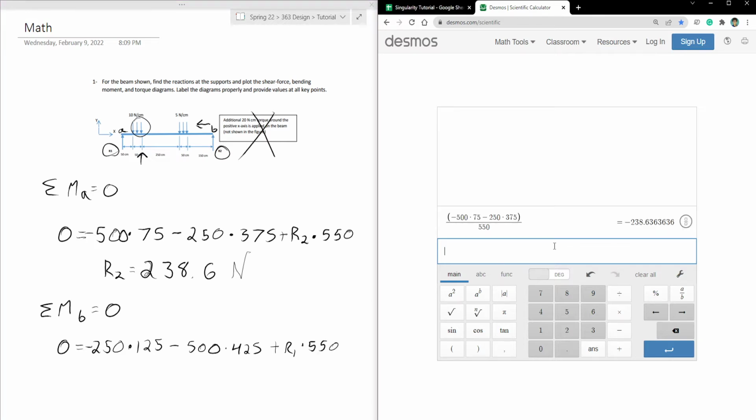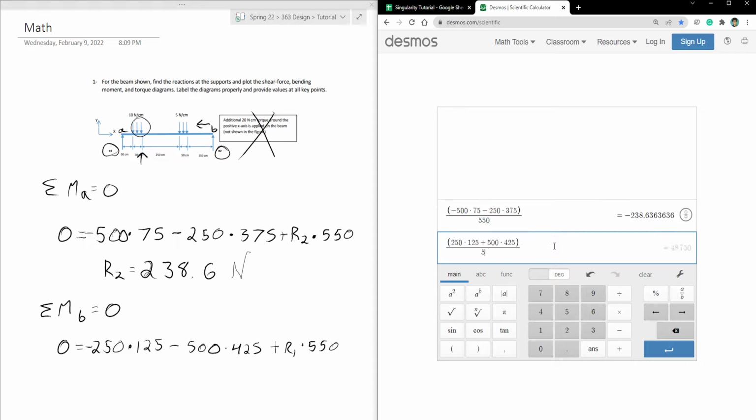So let's go ahead and plug this in. 250 times 125 plus 500 times 425. And all of that is divided by 550, which gives me a number I didn't get for the homework. Hold on, I think I got one of these distance values wrong. 200, 450, 475, my bad. 475.